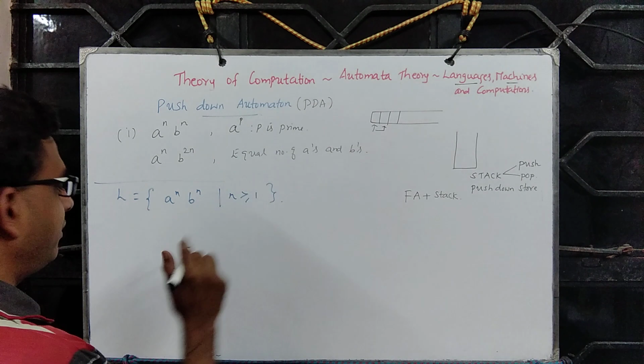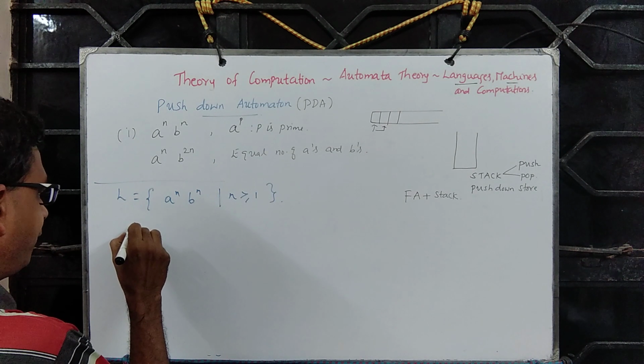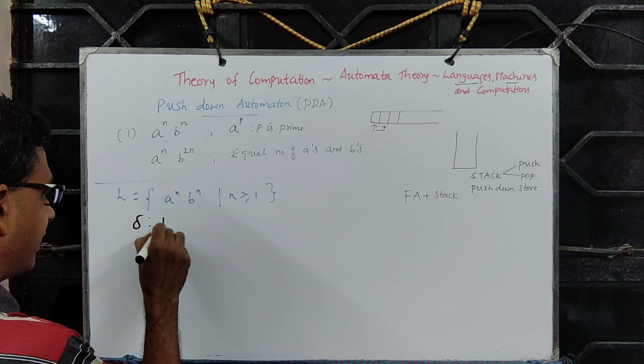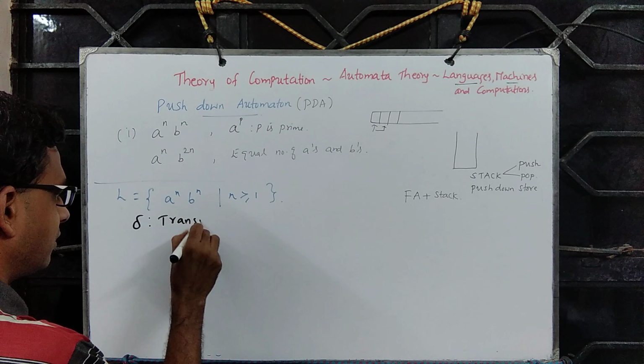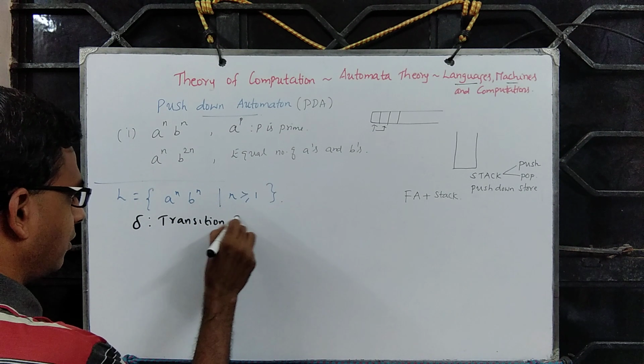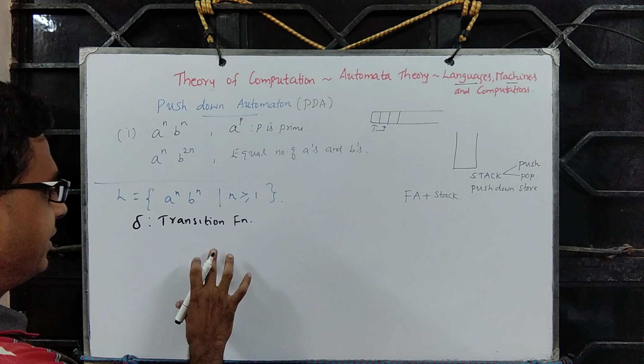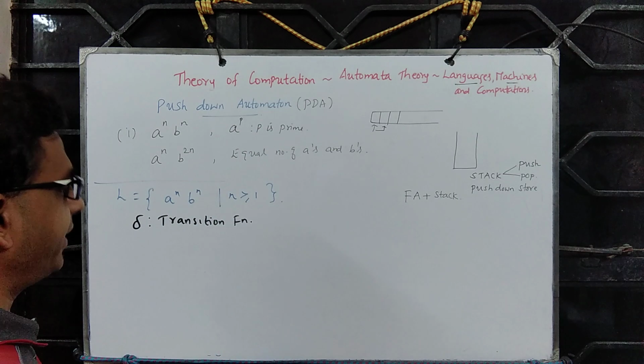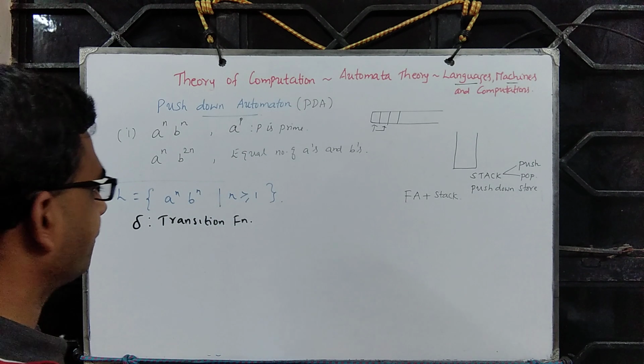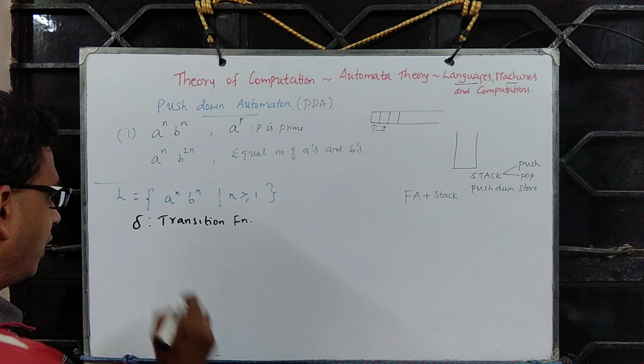Remember, it's a machine. So as we defined before, there is something called transition function. Let's describe the transition function for PDA if exists. So let's look at the logic first.